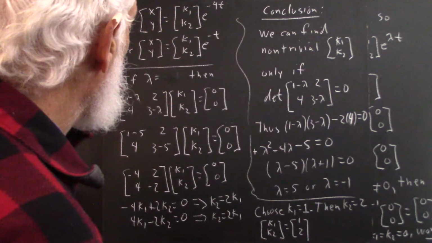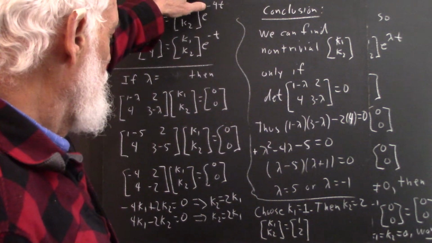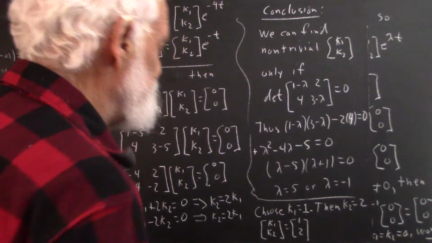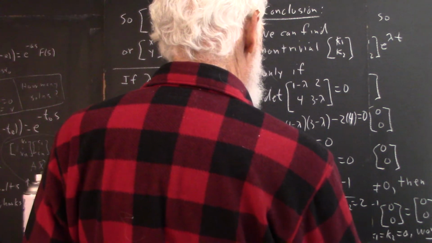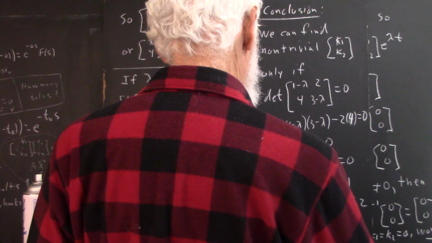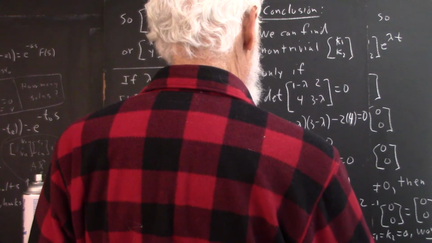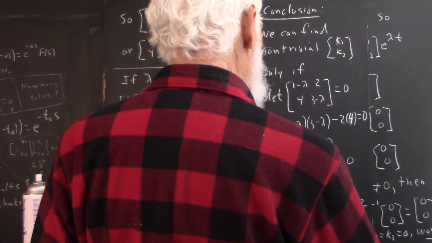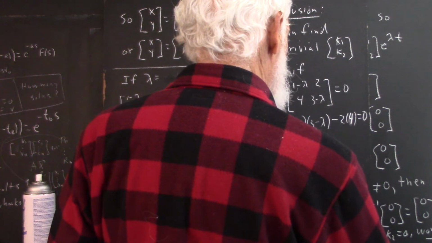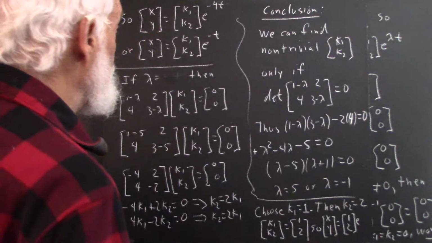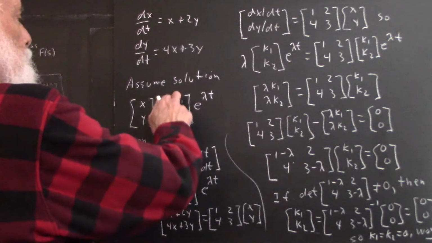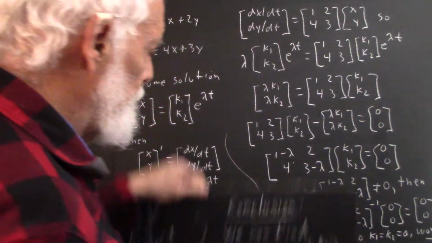Okay, now we see, well, go back to our solution. So xy equals 1, 2 e to the lambda t, because remember our assumption was that xy equals k1, k2 e to the lambda t.